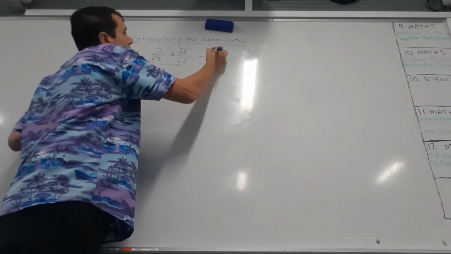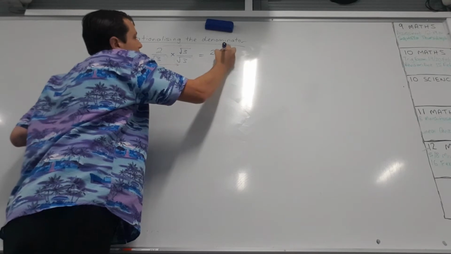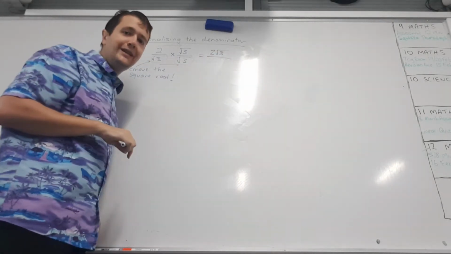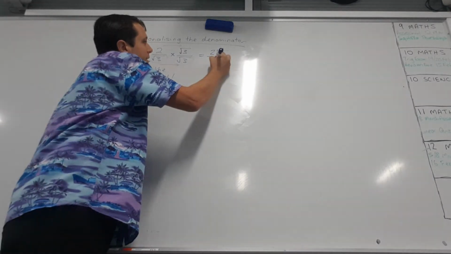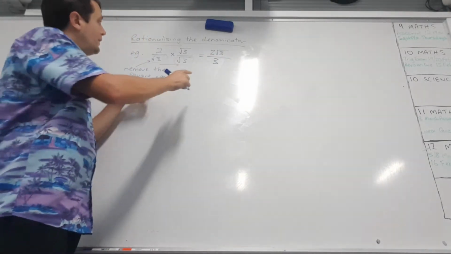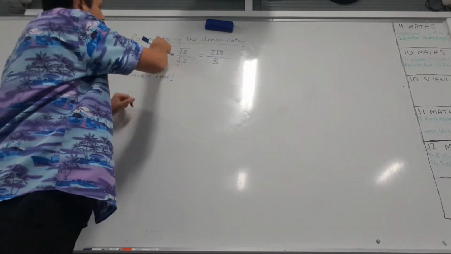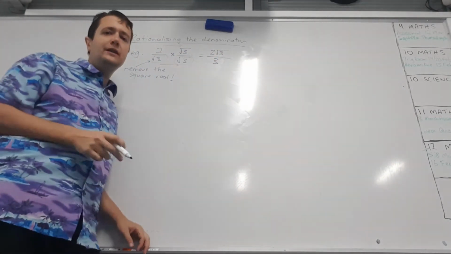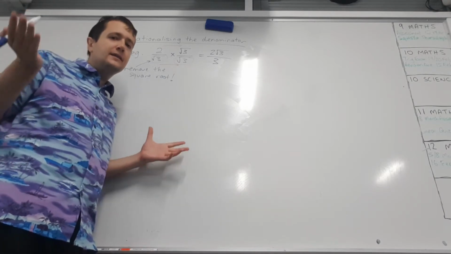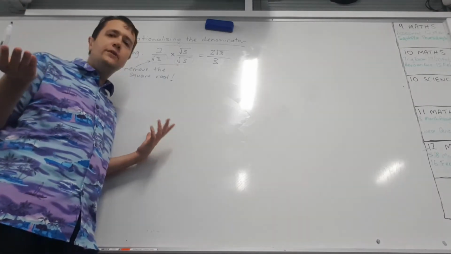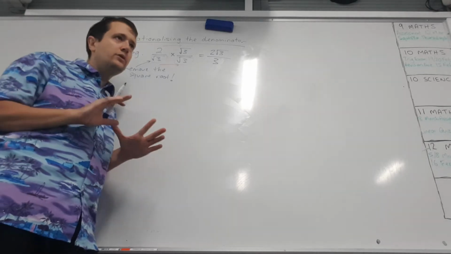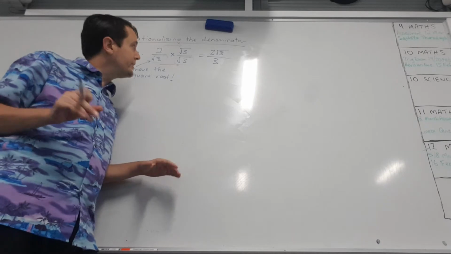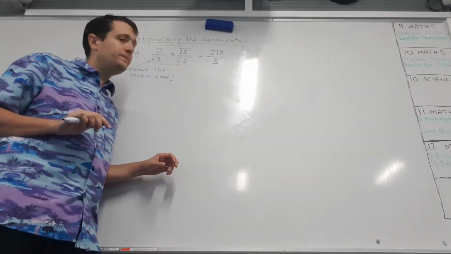So on the top here, I get 2 root 3, and on the bottom, the square root of 3 times the square root of 3 gives me 3. And you'll find that if you put this initial fraction and this new one in your calculator and work out the decimal value, they're exactly the same. So we're not changing the value of the fraction at all in terms of the numerical value. All we're doing is getting rid of the square root from the denominator.